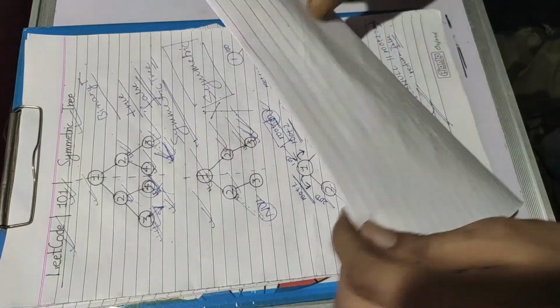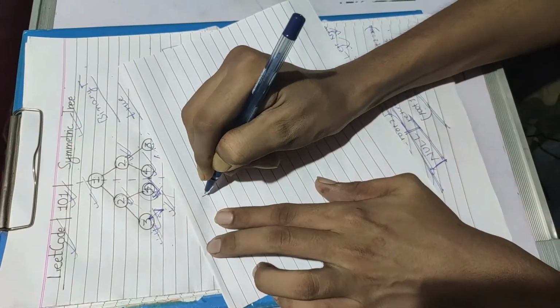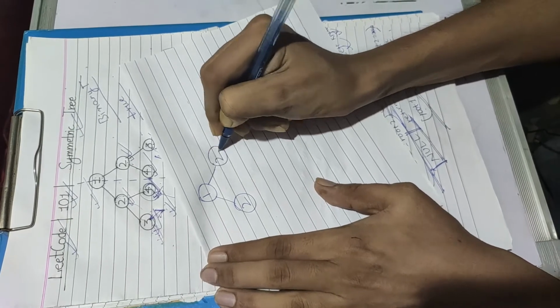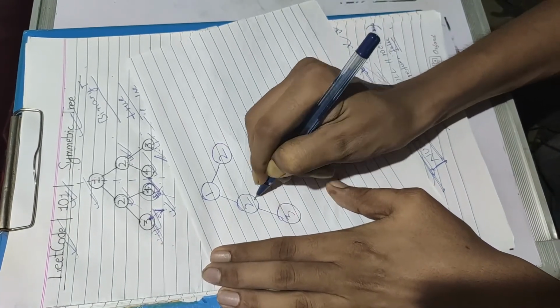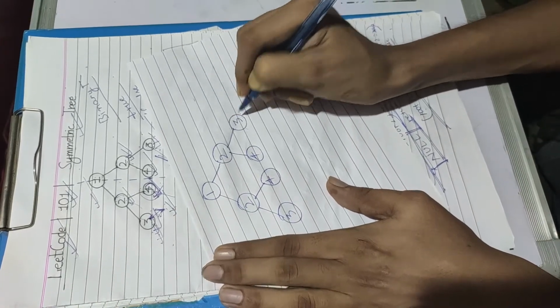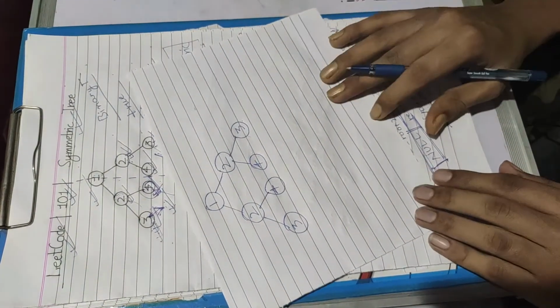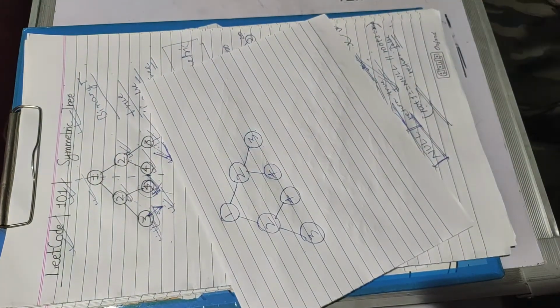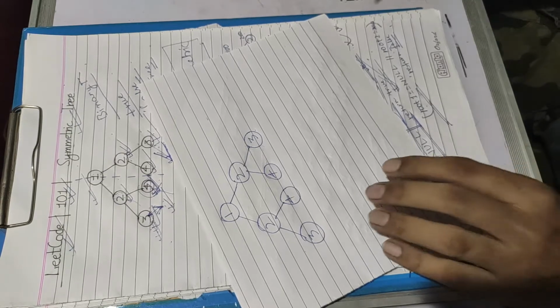Let me first draw a tree. Now let's check whether the tree that I have drawn is symmetric or not. By the look we can understand that this is symmetric, but algorithmically let us find that.